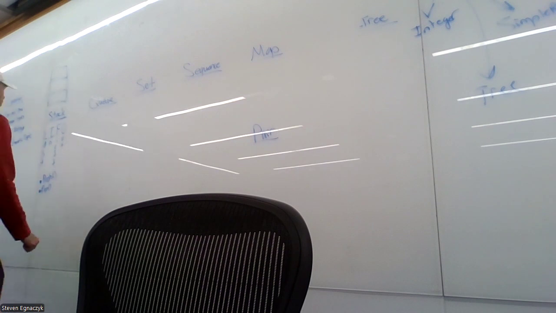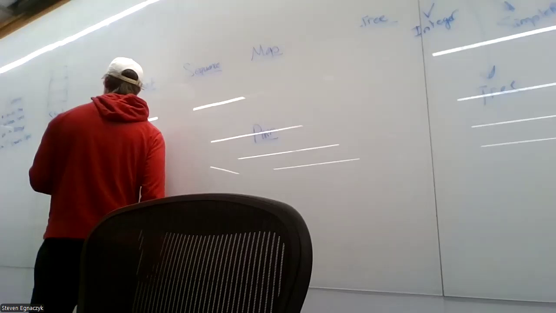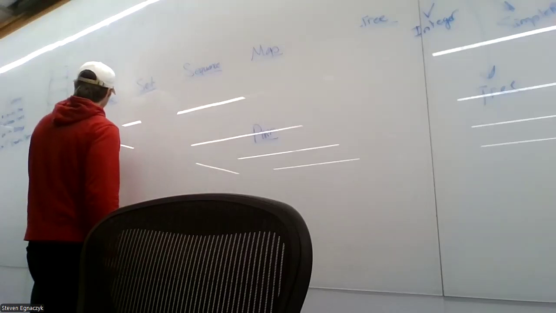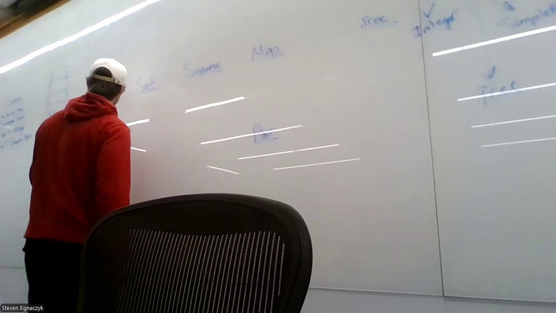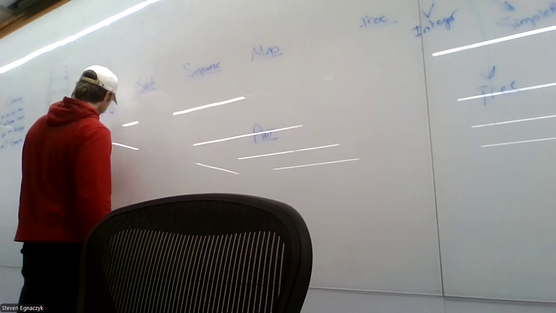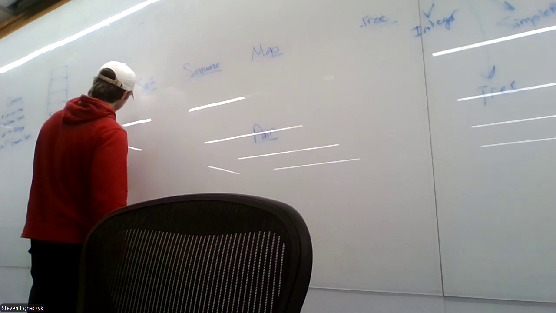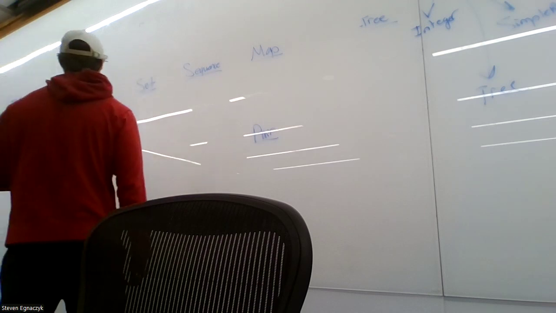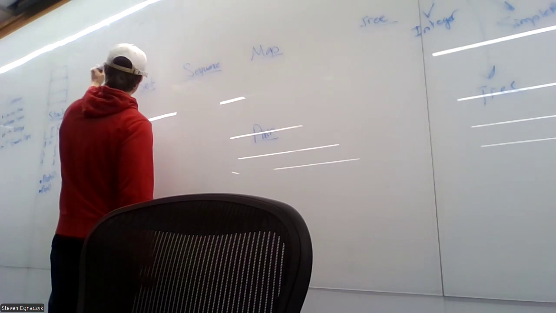Now we're going to get to the queue. So if the stack is a LIFO data structure, the queue is a FIFO data structure, which means first in, first out. Meaning that the first element that is added to the queue will always be the first one removed.